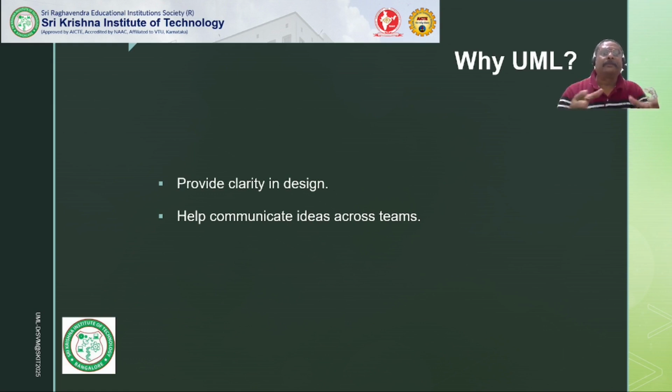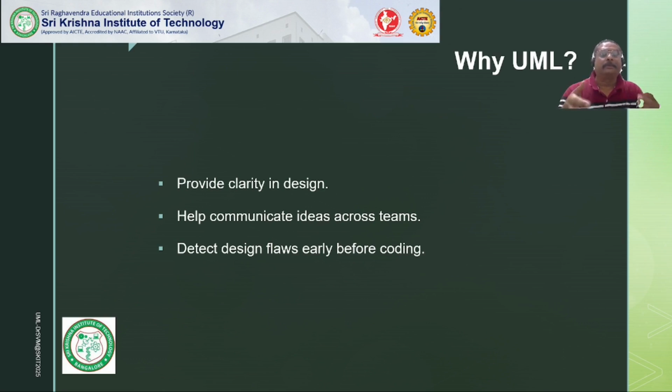So it is essential that across these teams we need a foolproof way of communication, and there UML comes to our help. And it's very useful for detecting design flaws early, before coding. So before coding, you can visualize all the diagrams and try to understand: is what the client wants exactly put on paper or not?